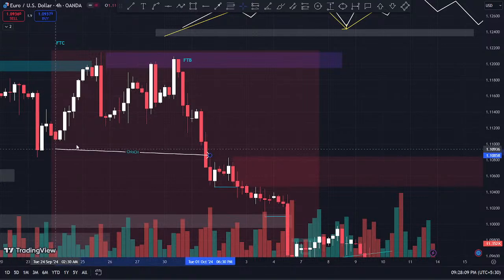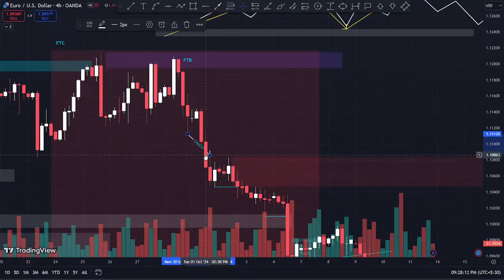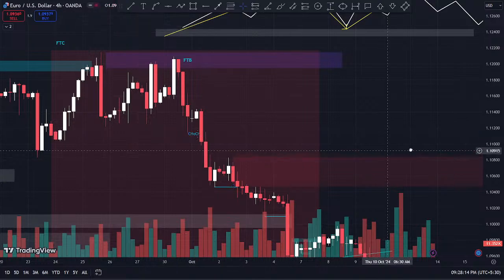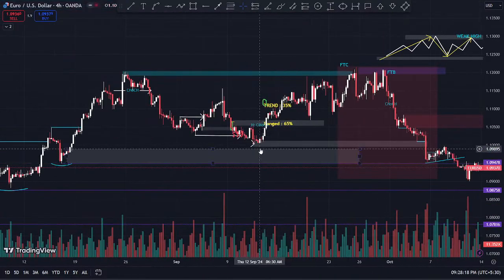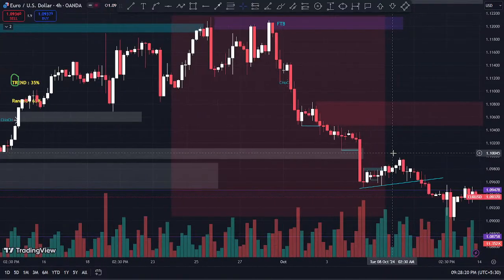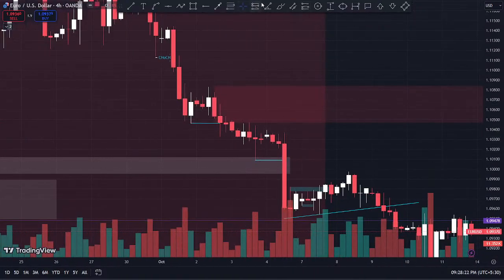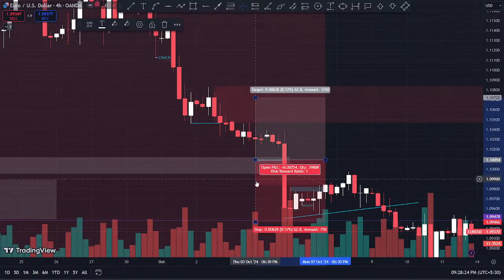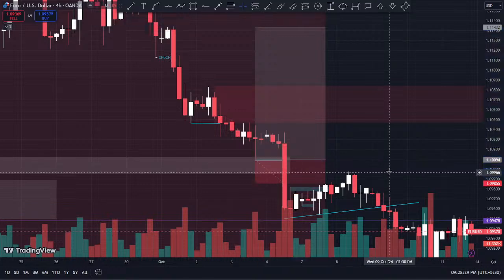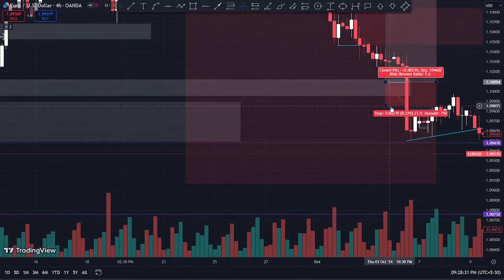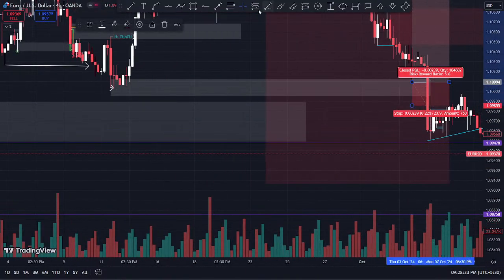So this was a higher time frame change of character, but you can spot this right here. This was a chop, and then the market broke the structure, and then this was the higher time frame. So all the longs were executed right here, aiming for the next high, and all the stop losses were set below this.